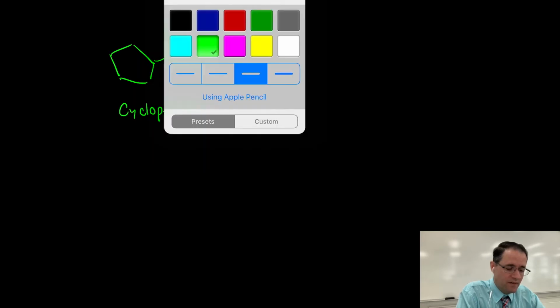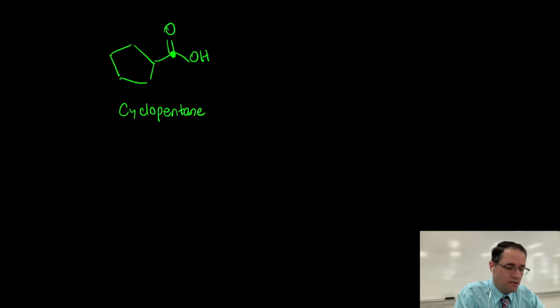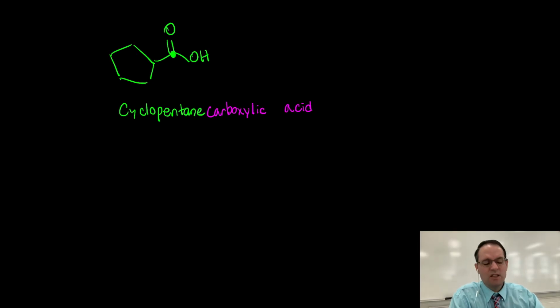So it's called cyclopentane because it's 5 carbons, and then you just add carboxylic acid to it. Okay, cyclopentane carboxylic acid. So that's how you would name something like that.